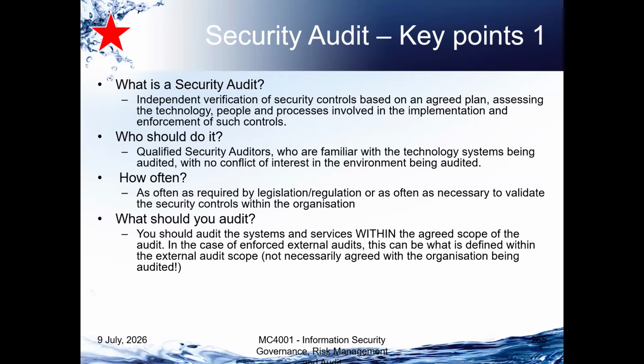They will come and sit down and define the scope and start auditing. Now, if you leave out one device because it was being repaired, then you're failing your regulation. You're doing something which is against the regulation. Just remember, external auditors are very particular about what systems they audit, what results they get, and how they're presented.